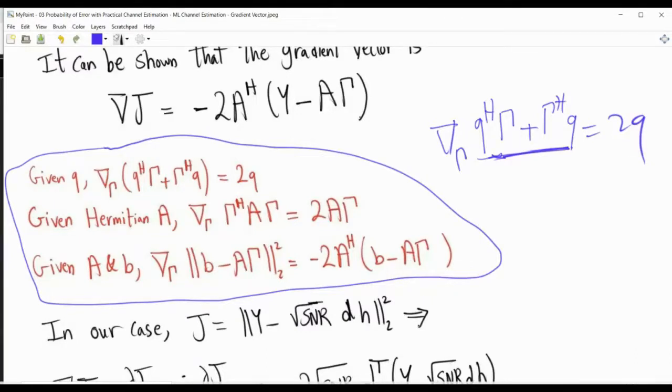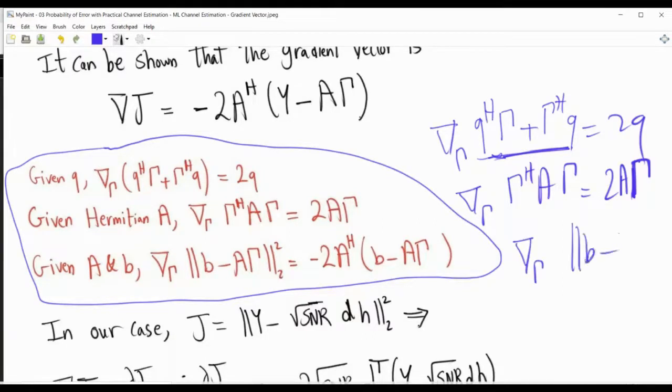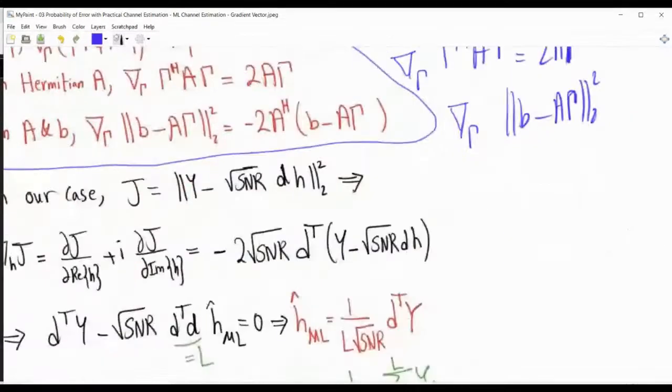Another form that we will encounter a lot is a quadratic form with a Hermitian matrix. In this case, the gradient vector will be 2A gamma. And then, if you have an L2 norm squared, which is what we are doing here, the L2 norm squared of b minus A gamma, what if you want to get your gradient vector directly?